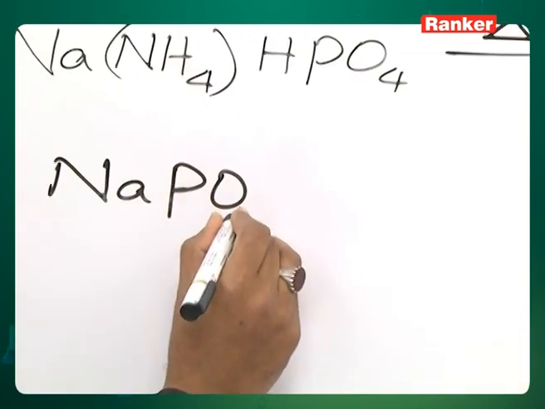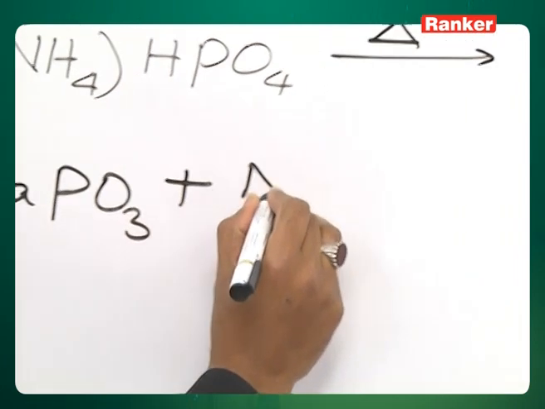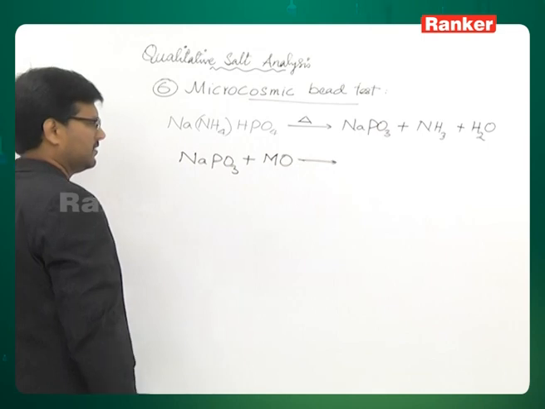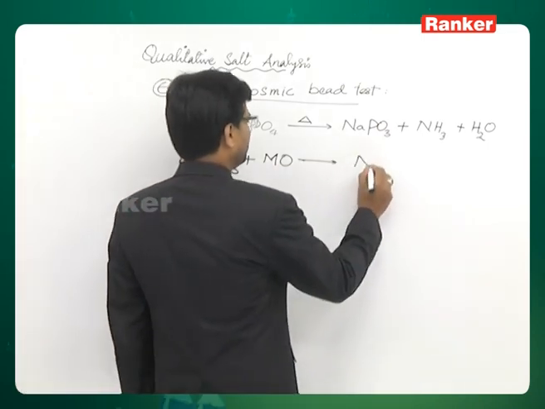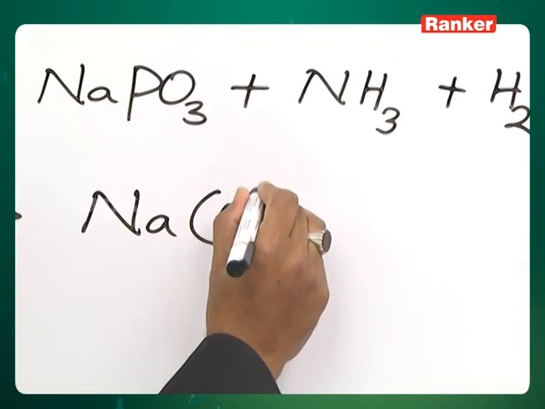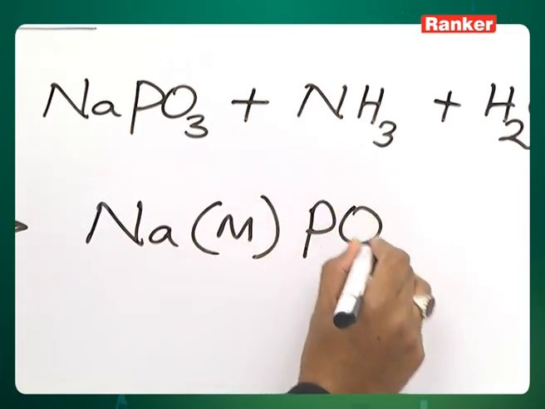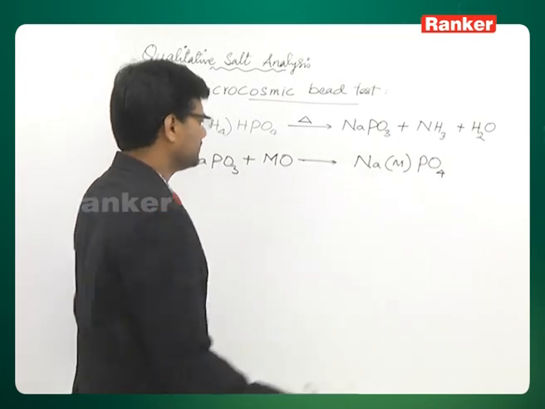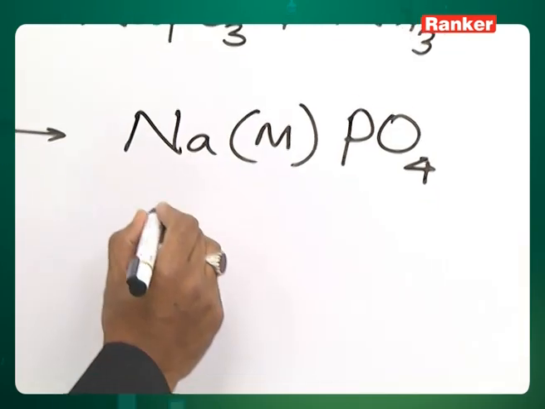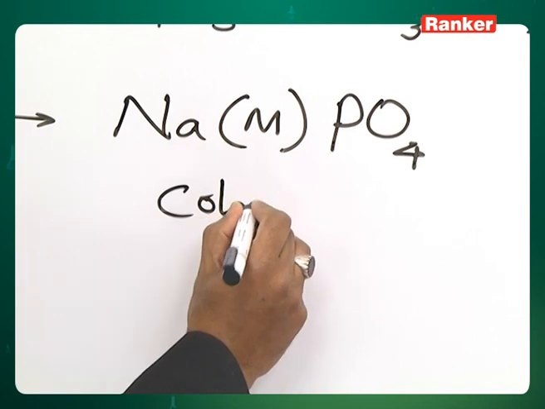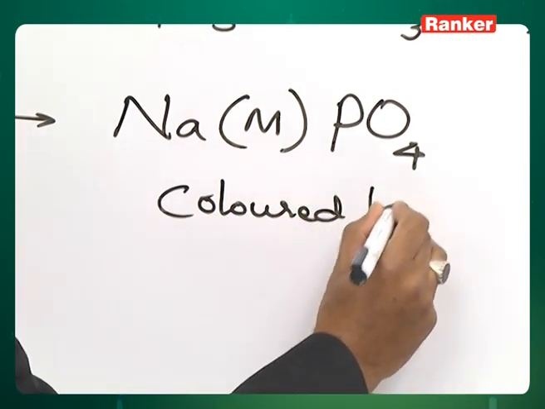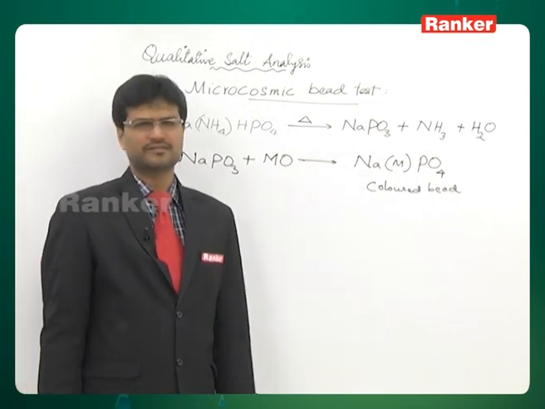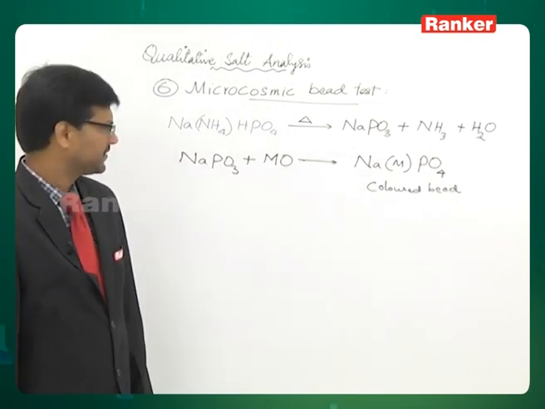Sodium metaphosphate then reacts with metal oxide and you get NaMPO4. This is colored. This forms a colored bead, and the color will be same as what you get in borax bead test.